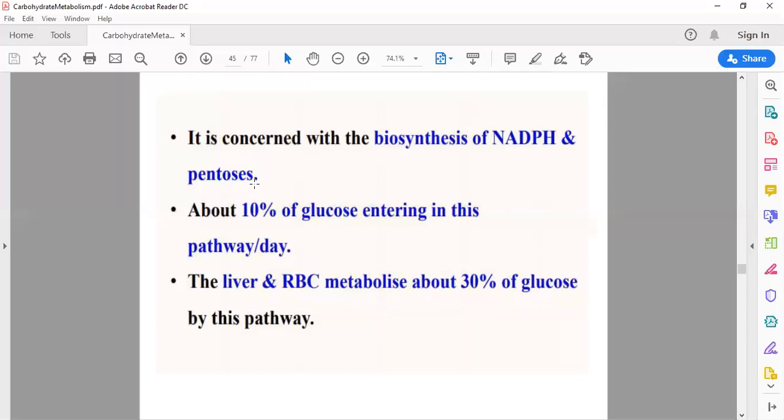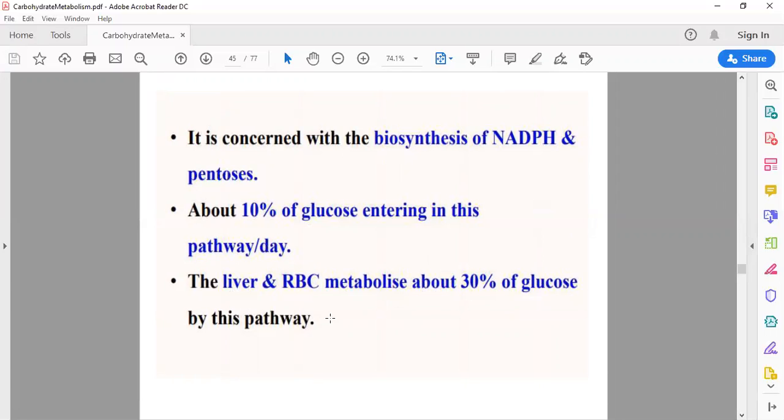Here the HMP shunt pathway is concerned with the biosynthesis of NADPH and pentoses. About 10% of glucose entering this pathway per day, and the liver and the RBC metabolize about 30% of glucose by this pathway.